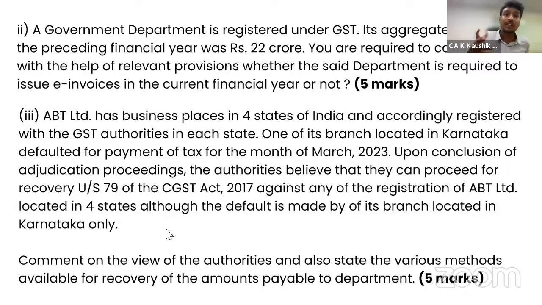What else do they have power over? They can realize from any asset that is there in any of the states. And anybody who is required to pay ABT Limited, they can stop that payment and recover that money. There are 5 to 6 things given which need to be remembered. What are those?